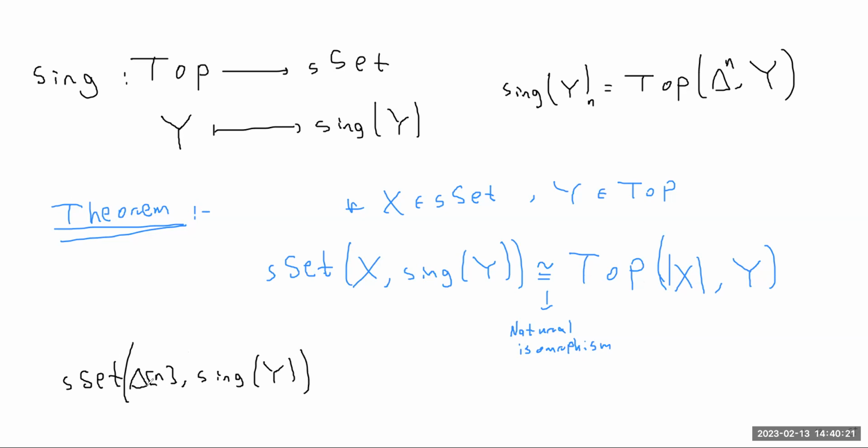What is a map from delta n to Sing y, or actually to anything? It gives us this one. Why is this? One can see this because of the Yoneda lemma, because we already described this as delta n, and then we put it in here, in Sing y at n. This exactly gives me this.